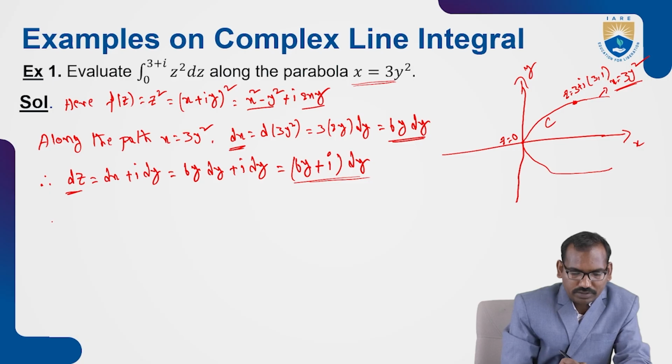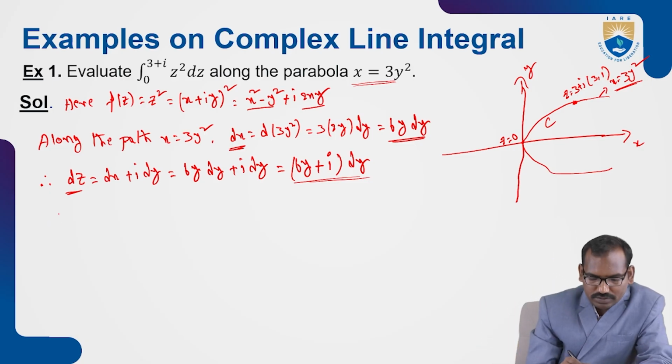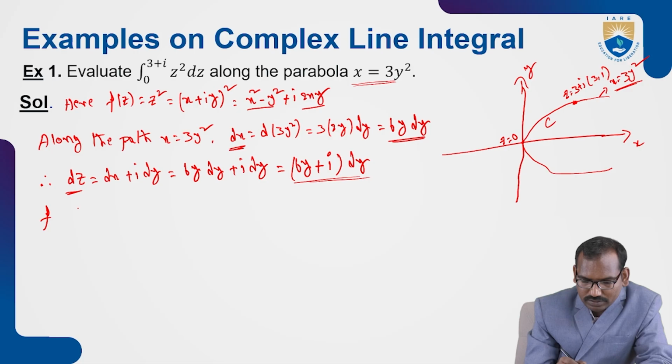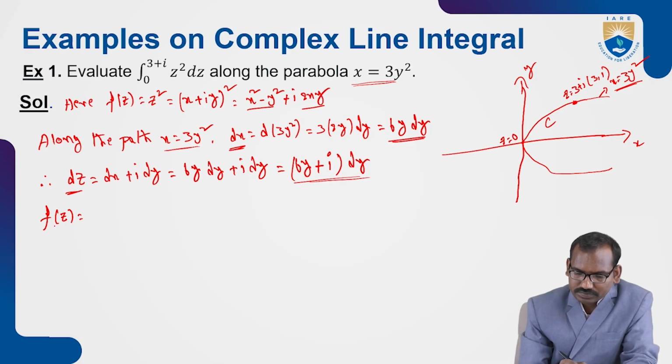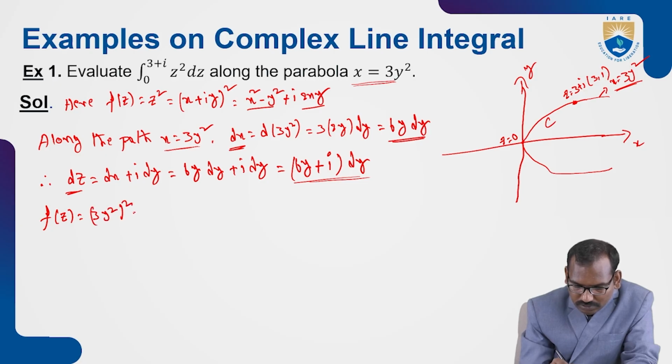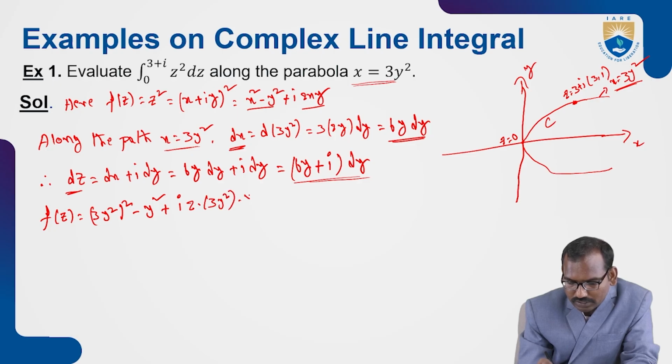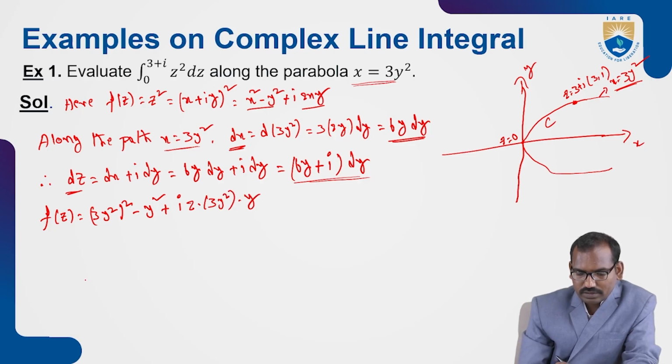Also, I want to write f(z) with the help of x is equal to 3y square. I can write (3y square) whole square minus y square plus i times 2 into 3y square into y. We know this because f(z) is already known.